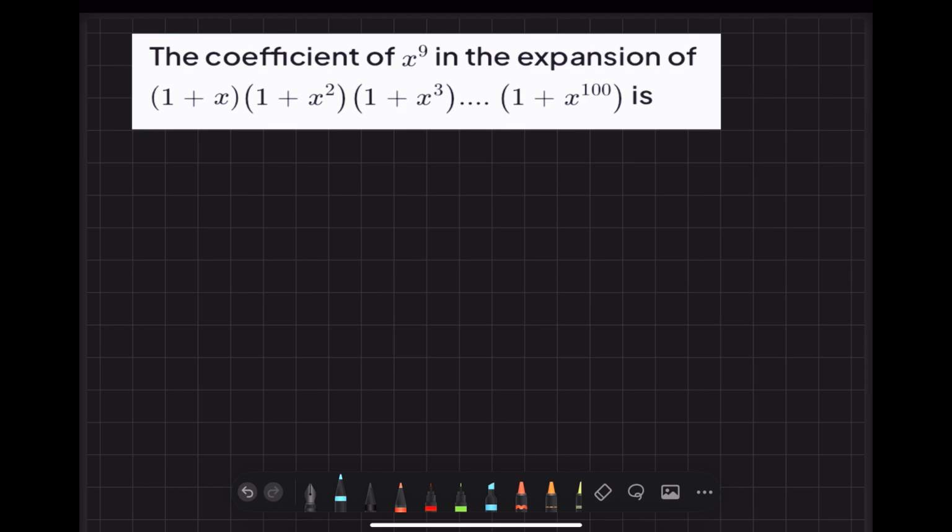So you know that after x power 9, means what I want to say, 1 plus x, then 1 plus x square, 1 plus x cube, dot dot dot, 1 plus x power 9. Only these 9 terms will contribute in the fight.